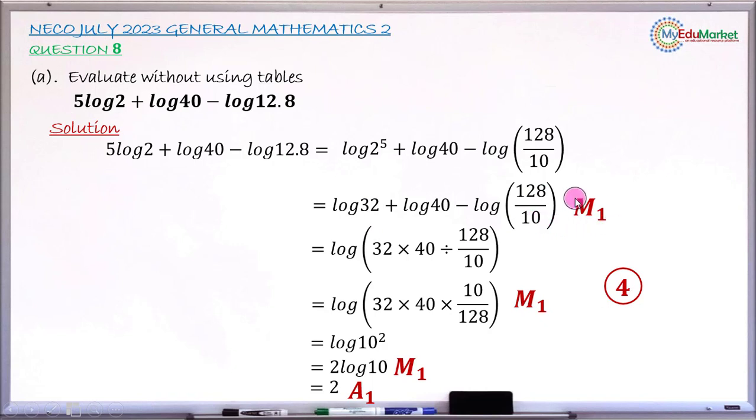The next mark is for applying the law of logarithm to have log open bracket 32 times 40 times 10 over 128. You have this method 1 mark. And simplifying further to get the final result, you have a method 1 mark. And for getting 2 as your final answer, you have an accuracy 1 mark. So in total, this question number 8 has 4 marks.